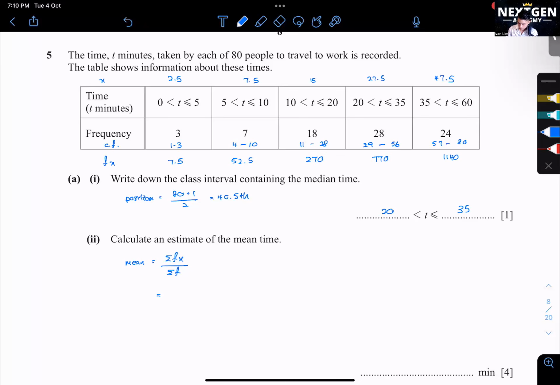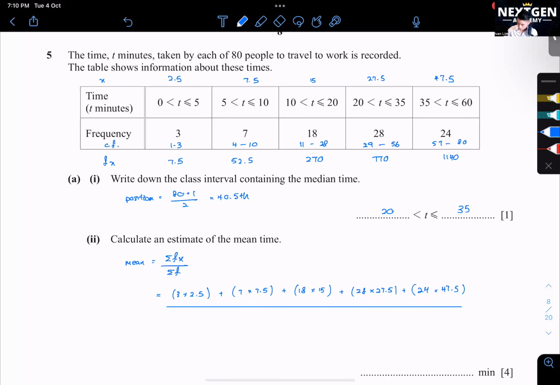So your fx will be 3 times 2.5 plus 7 times 7.5 plus 18 times 15 plus 28 times 27.5 plus 24 times 47.5, over the sum of f, which is 80 people. Okay, so you just double check it.